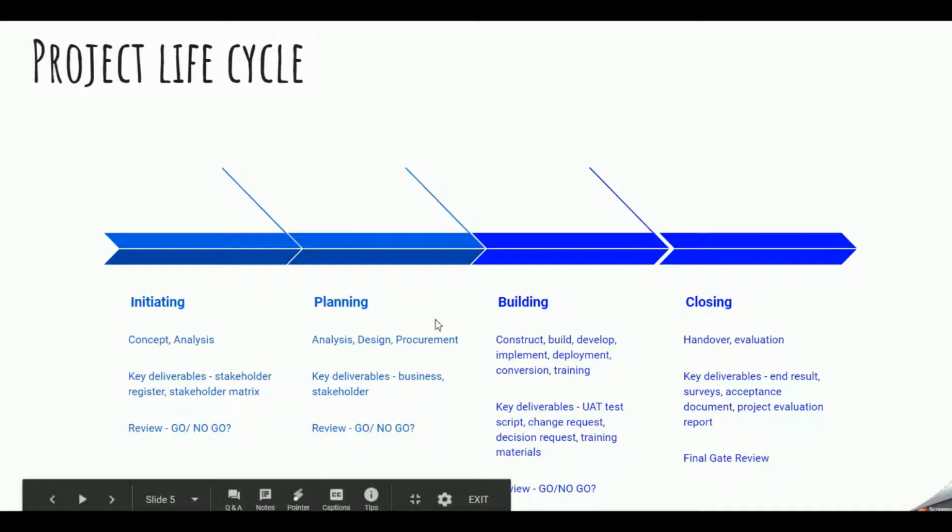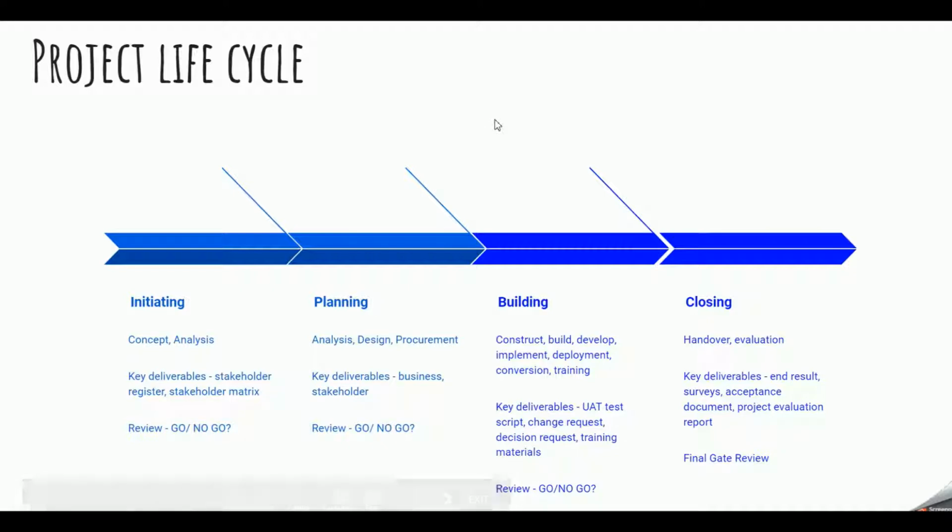The next stage includes planning. This planning is actually one of the critical and most difficult phase, in my opinion, as a business analyst. Oftentimes this is where we do a deep dive into analysis.